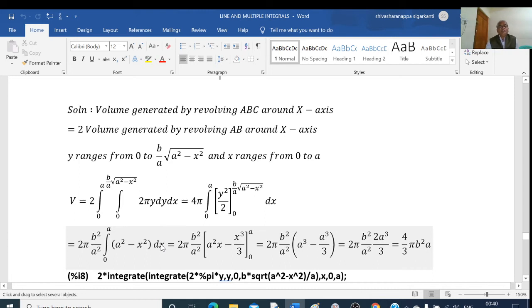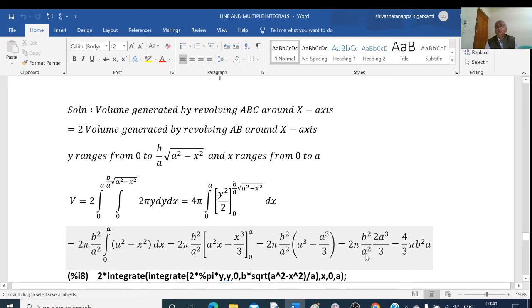Again integrating with respect to x, 2 pi as it is, b square by a square as it is, a square integration is a square into x minus x square integration is x cube by 3, between 0 and a. This is 2 pi b square by a square. Upper limit a, this will become a cube minus a cube by 3. A cube minus a cube by 3 is 2a cube by 3.